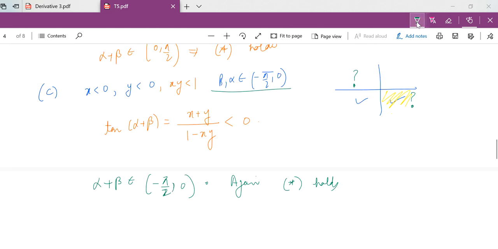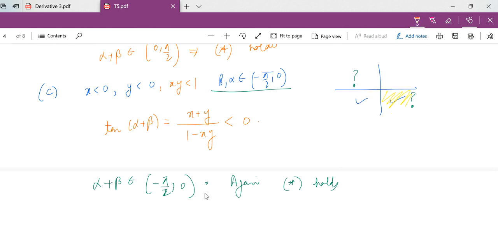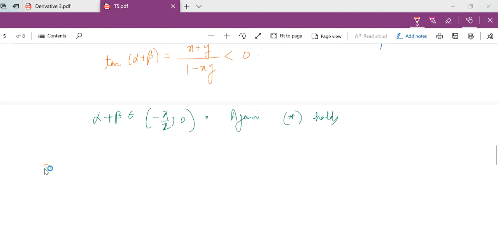Now, the only two cases are left. Okay, we are almost there. Number one case is that both are positive, but your xy is greater than 1. Now, when you are saying that both are positive, that means alpha and beta both lie in 0 comma pi by 2. That means your alpha plus beta is either in the first quadrant or in the second quadrant.